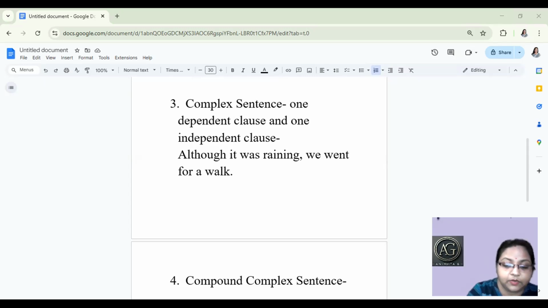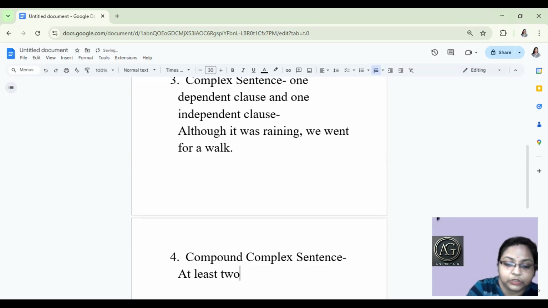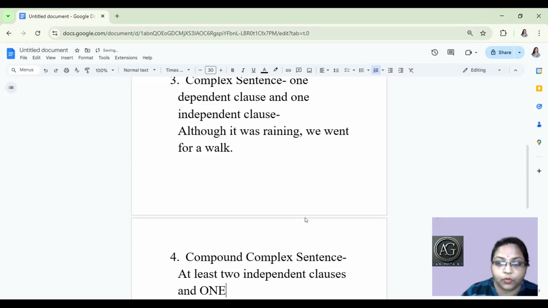So let me write down: at least two independent clauses and one or more dependent clauses.